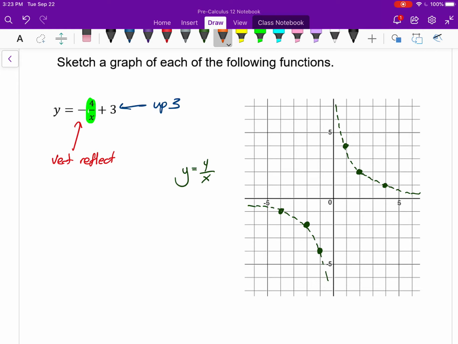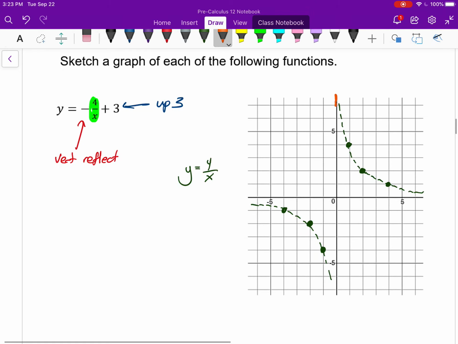Plus, my asymptotes are something that are fairly unique from what we've learned so far to this group of functions. And so 4 over x has an asymptote right on the y-axis. If I move it up 3 and reflect it, that won't change. So my final answer is still going to have a vertical asymptote right on the y-axis. I'll leave that there. But because eventually, compared to 4 over x, my graph is going to move up 3, my horizontal asymptote I know is going to be right here.